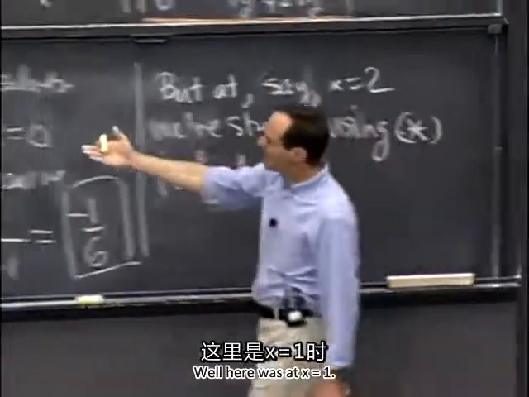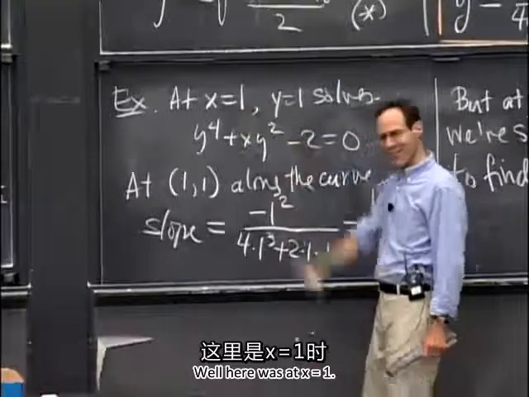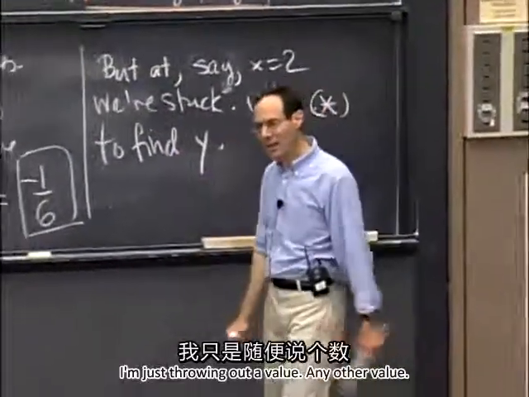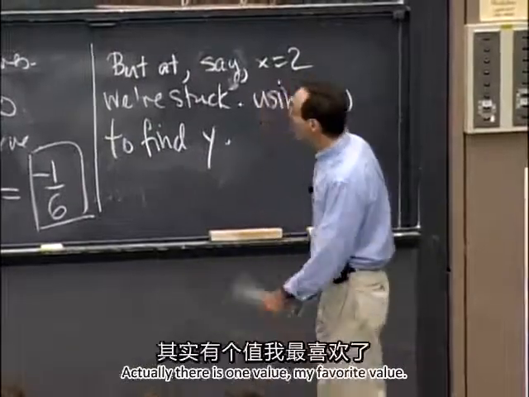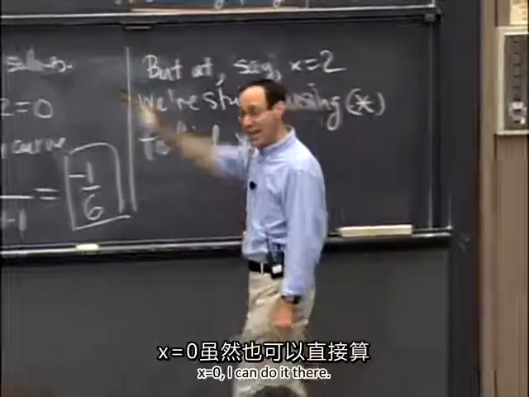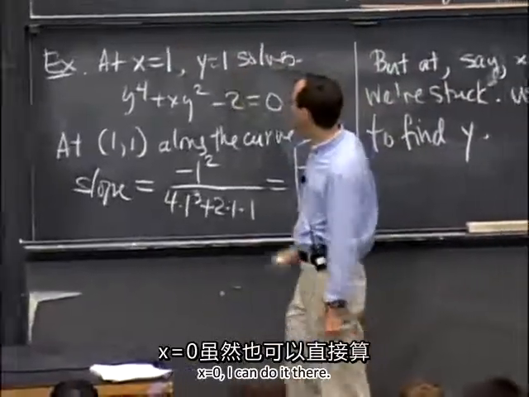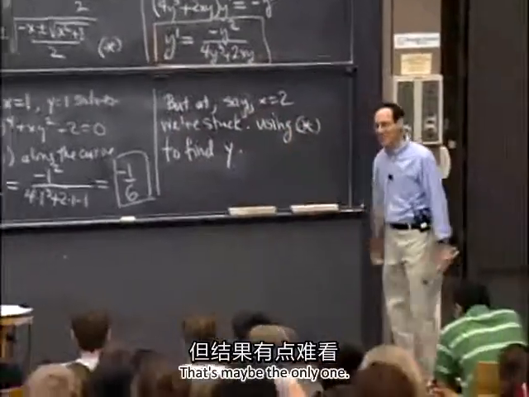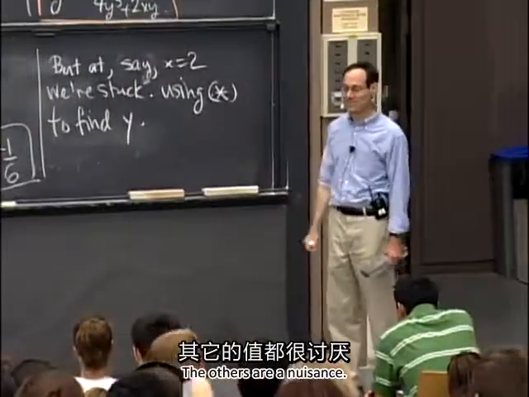Well, here was at x equals 1, and here's but at, say, I'm just throwing out a value here. Any other value. Actually, there is one value, my favorite value. Well, this is easy to evaluate, right? x equals 0. I can do it there. That's maybe the only one; the others are a nuisance.